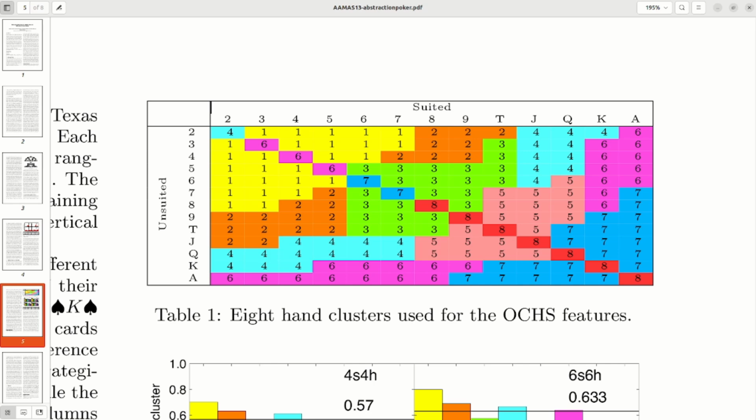So for a single hand, say we have pocket fours, we would look at how 4-4 does against all these hands in yellow, which would be, you know, 3-2 offsuit or whatever. And it looks like this one has 8 different elements, so this would be a feature vector of length 8.